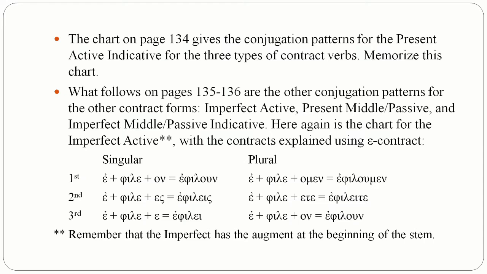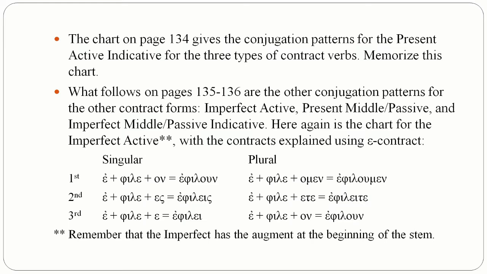All of those work the same way. You have your alpha contracts, and they combine. The epsilon contracts will combine with those same present tense endings, and then the omicron contracts have their own way of contracting.